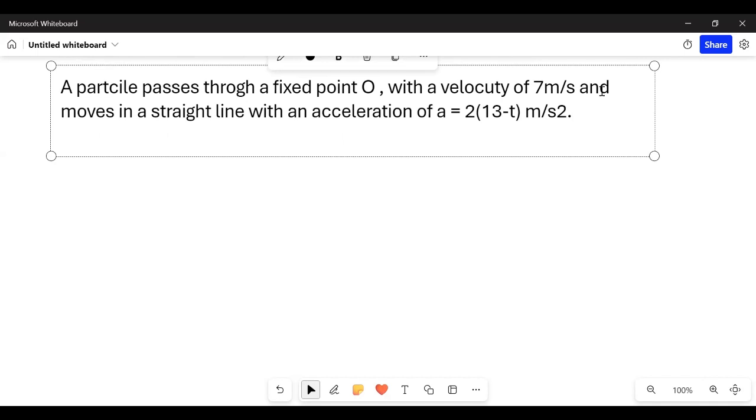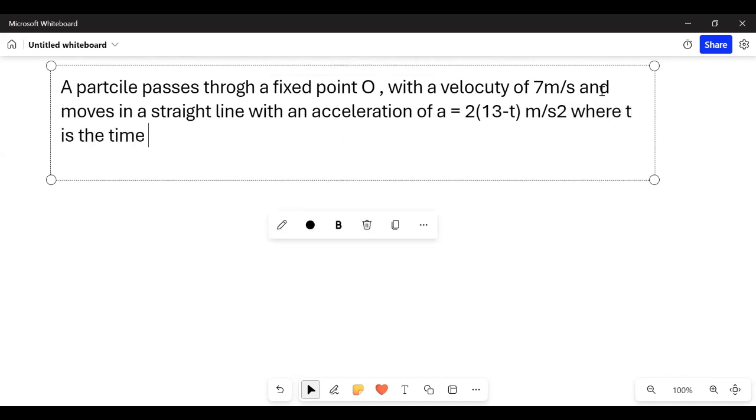Where t is the time in seconds after passing O. Calculate the value of t when the velocity is 7 again.